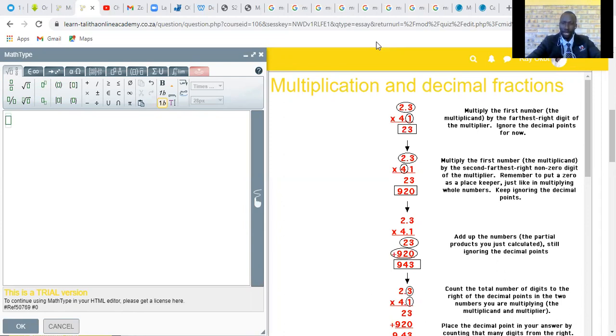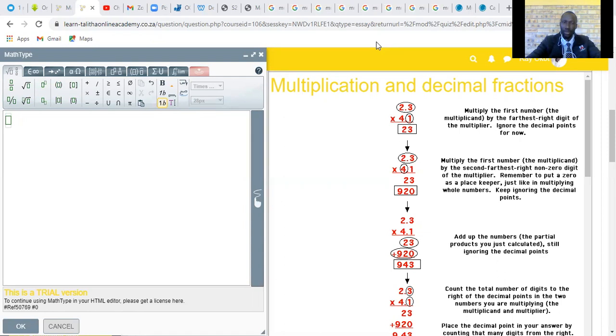Then when we are done with multiplication of decimal fractions, the next thing we want to do will be division of decimal fractions. That is, we will be looking at all the operations, addition, multiplication, subtraction, and division, in decimal fractions. So to be very specific, what we are going to cover today is strictly multiplication of decimal fractions.